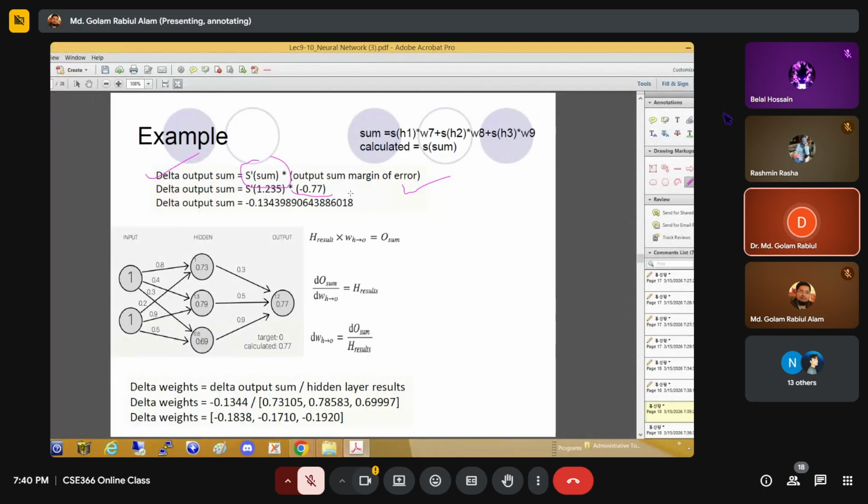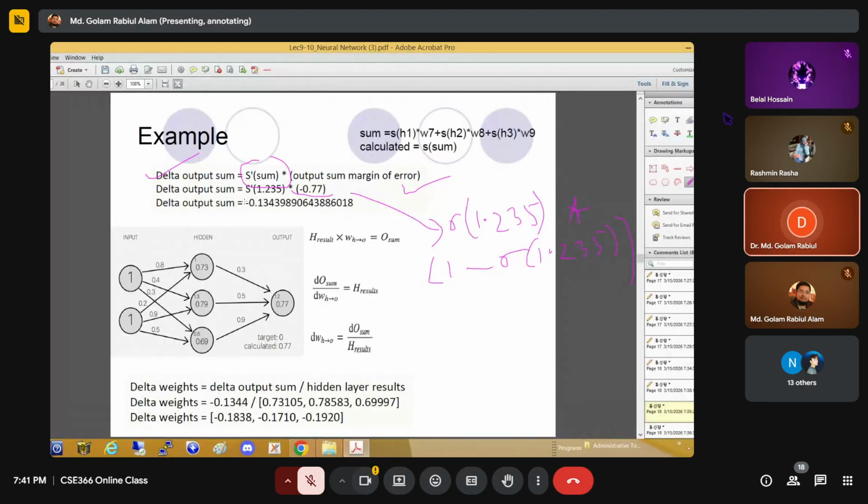So how can we find the derivative of the sigmoid of the sum? It is the sigmoid of 1.235 times 1 minus the sigmoid of 1.235.